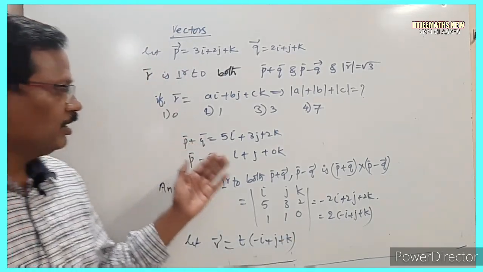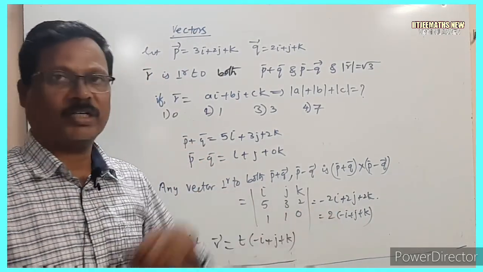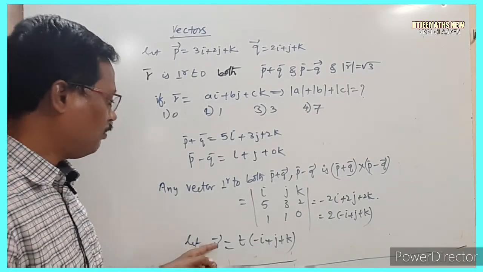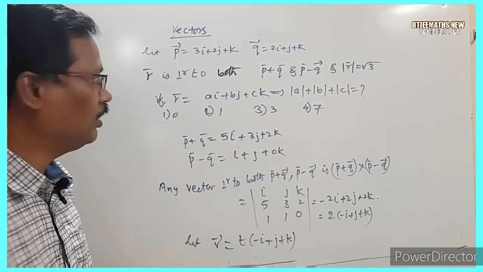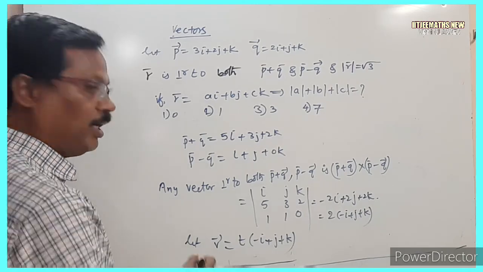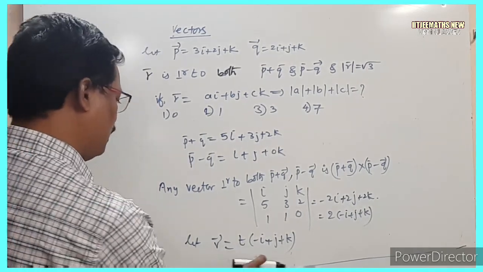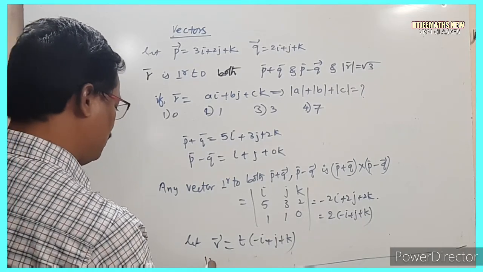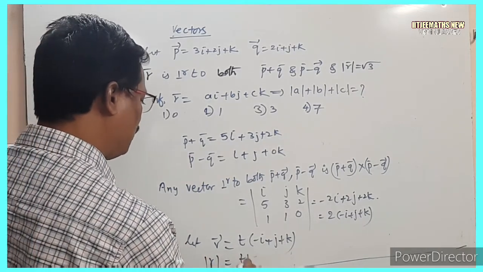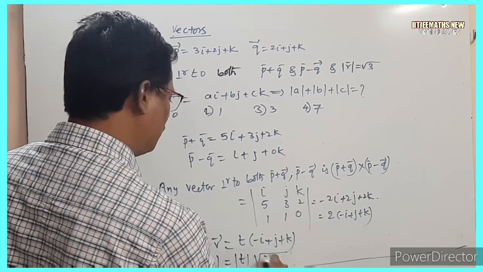R bar is collinear with this vector. Now I am taking t times this one, right? But what is the magnitude of this vector? Modulus of R is equal to mod t into root 3.